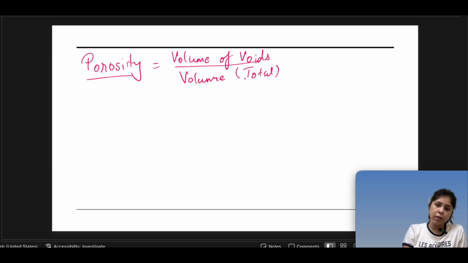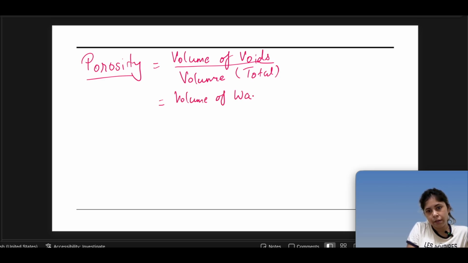Okay, and the void can also have some water, so volume of voids can also be written as volume of water plus volume of air. That's what the void is, divided by total volume.